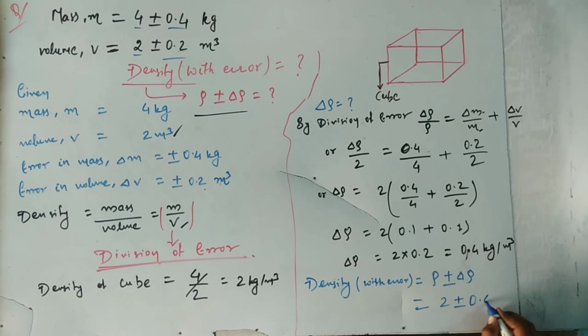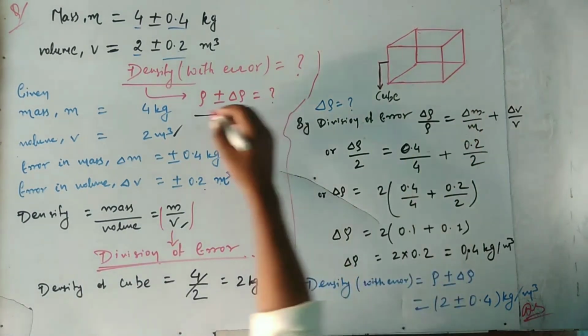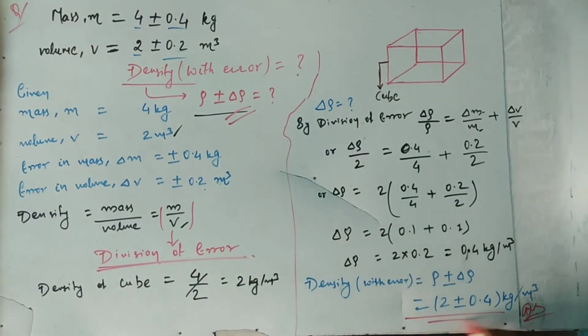So 2 plus minus 0.4 kg per meter cube. This is the density of the cube with error. So the density of the cube with error, rho plus minus del rho, is equal to 2 plus minus 0.4 kg per meter cube.